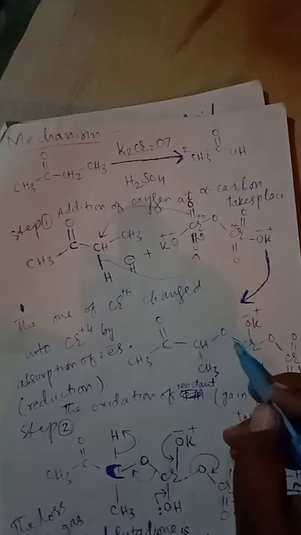The hydride ion shifts from alpha carbon to this oxygen, and the pi bond between the oxygen and chromium shifts onto chromium, absorbed by the chromium, while the double bond between oxygen and chromium shifts toward the oxygen, and this negative oxygen attacks this positive carbon center and forms an oxygen carbon bond and oxygen Cr bond.